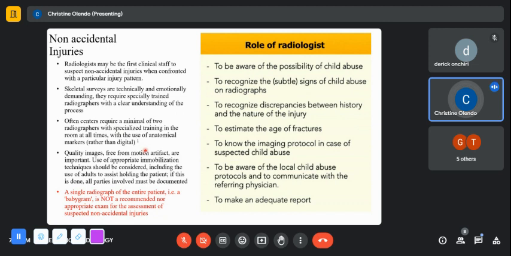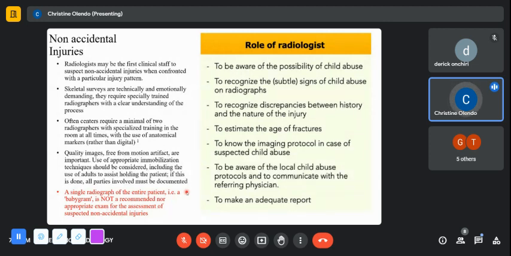The recommendation is that you use anatomical markers and not digital markers. So you need to have that present as well. The images need to be free from motion artifact and appropriate immobilization techniques should be used. And if this is done, you have to write who in the room was present during that time.